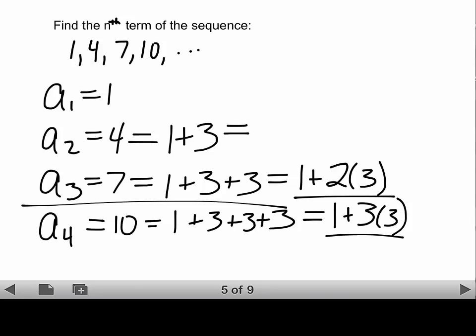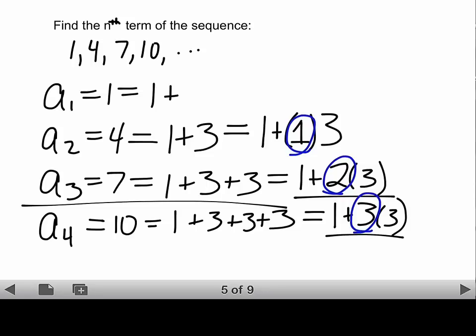We wrote it down as 1 plus 3. Maybe I can write it down as something times 3. It would be 1 plus 1 times 3, wouldn't it? And then I'm seeing a pattern emerge. We have 1 plus 1 times 3, 1 plus 2 times 3, 1 plus 3 times 3. For the first term, we could write that down as 1 plus 0 times 3.